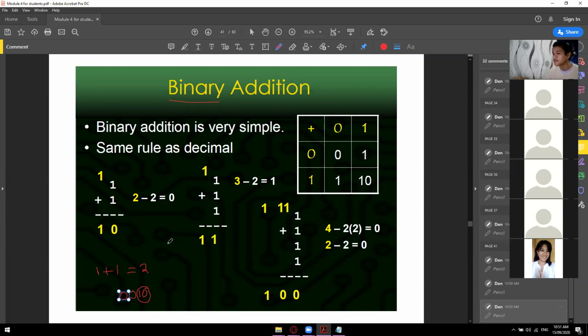Parang yung pattern para sa akin, pag even yung count ng 1, 0 yung pinakahuli. Kapag odd, let's say tatlong 1, 1 yung pinakahuli. Kapag even ulit, 0 yung pinakahuli. Pero kung i-manual, 1 plus 1 plus 1 plus 1 is 4. So ano ba ang 4 in binary? It is 0, 1, 0, 0. That's why we have 100.